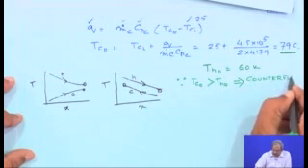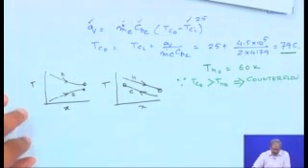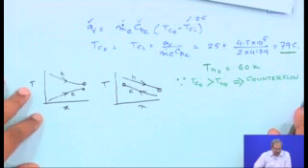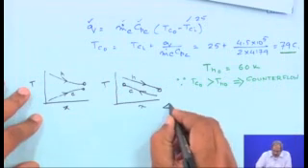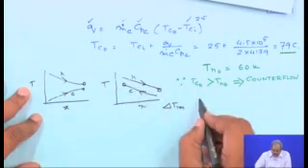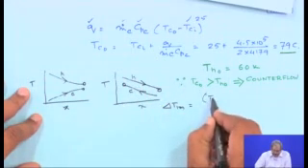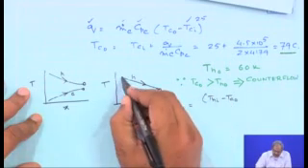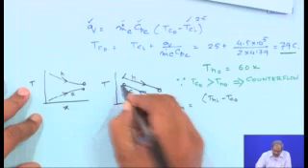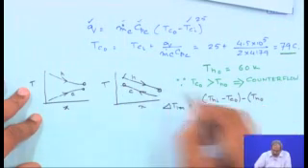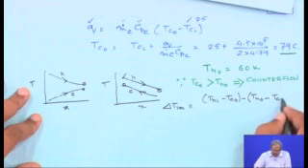This information is important since we are going to use it in finding delta T Lm. So, delta T Lm for this case is going to be THI minus TCO, and THO minus TCI.